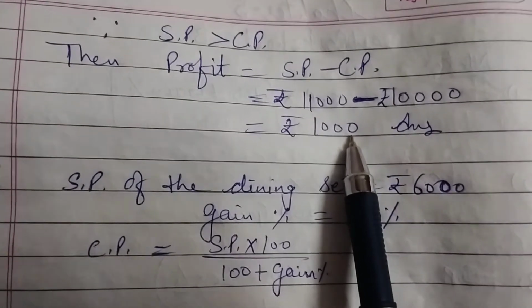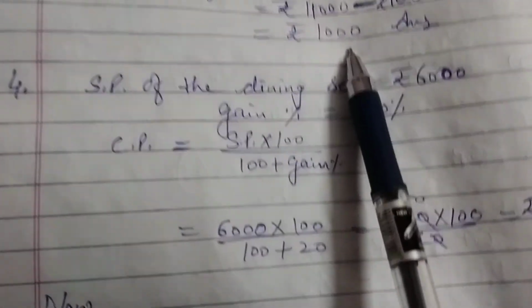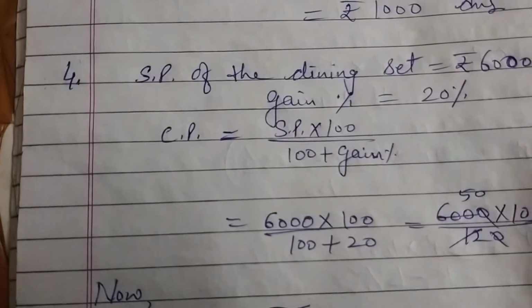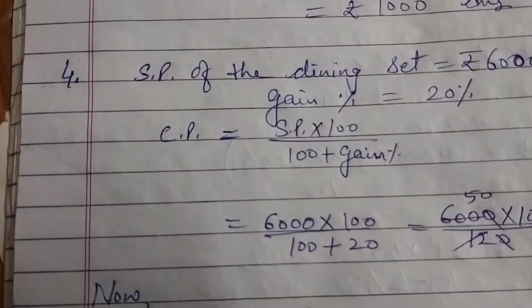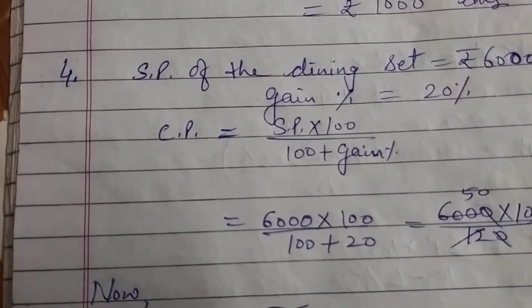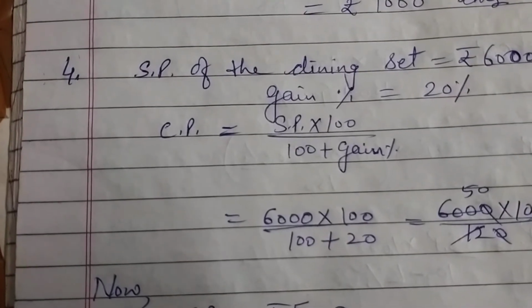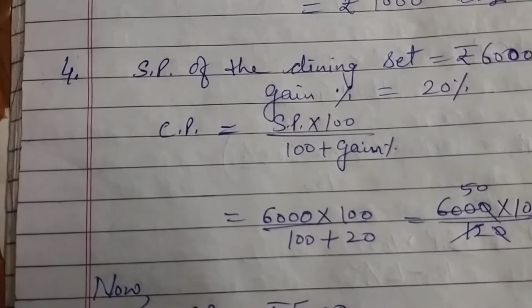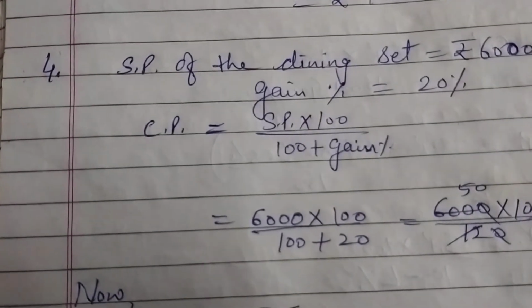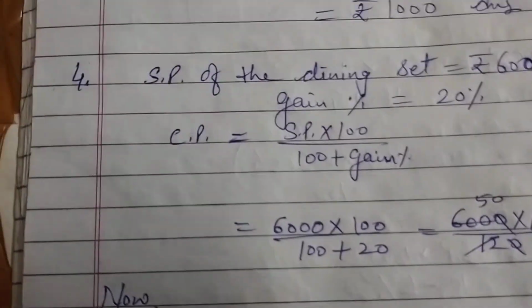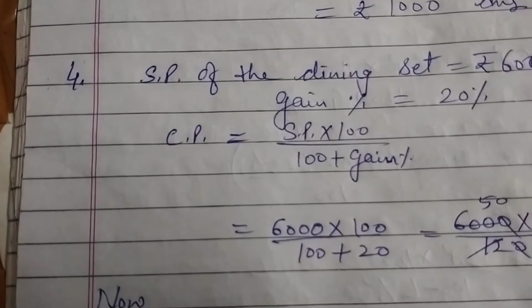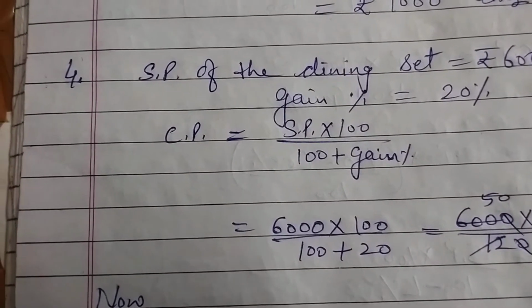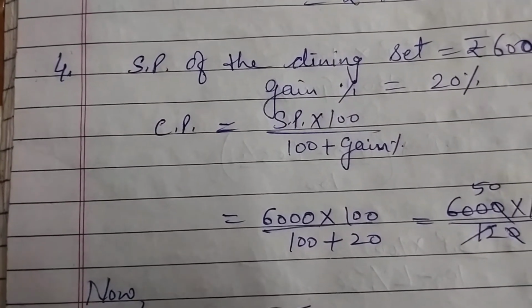Now question number 4 we are going to do. In question number 4, Sita sells a dining set to Nita for rupees 6,000 and gains 20%. For how much should she sell it to increase her profit by another 5%?